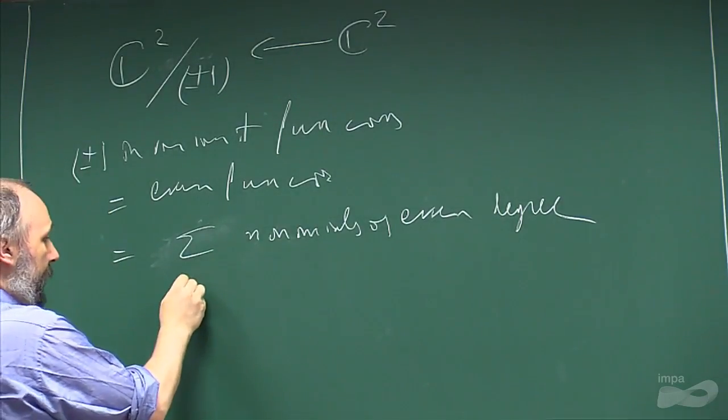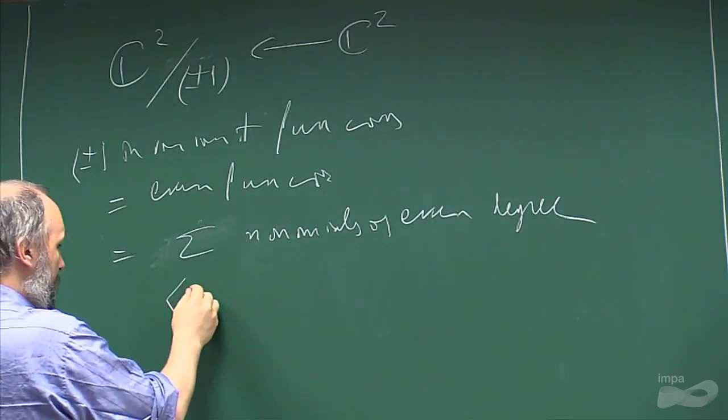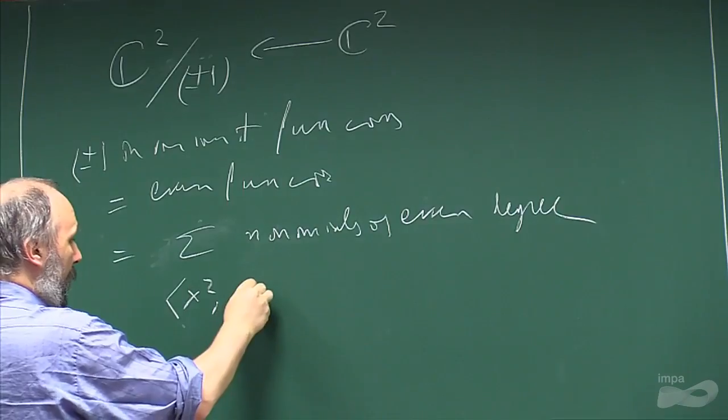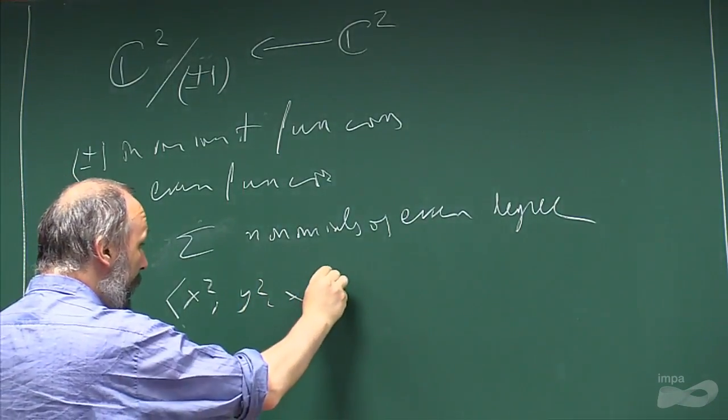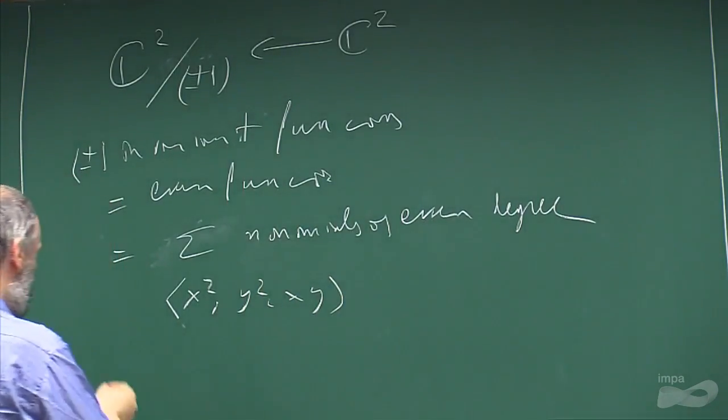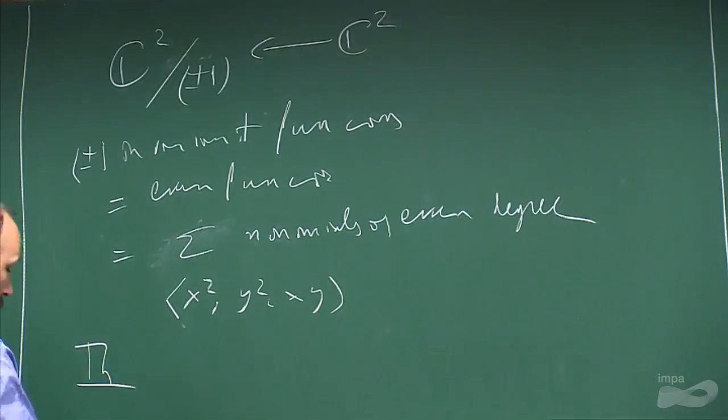So it's not hard to see that it's generated by x squared, y squared, and xy. There is a relation, and there is a theorem which we proved. I'm not going to repeat its proof.